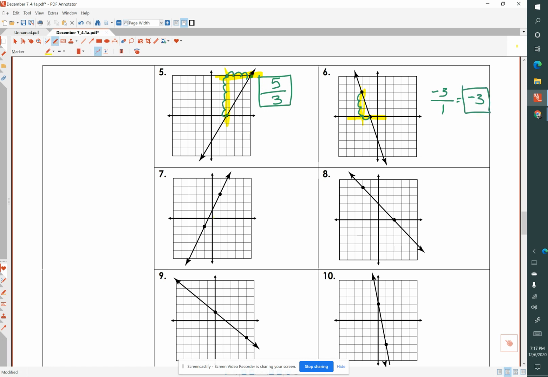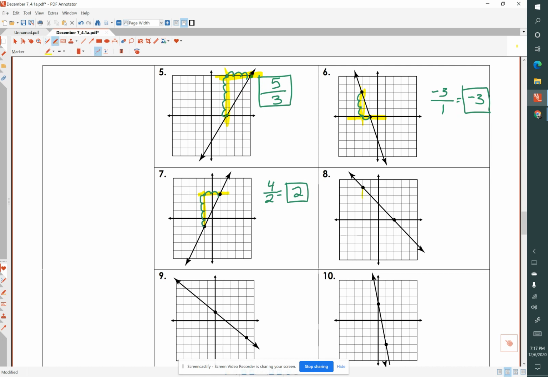Number 7. The rise is 1, 2, 3, 4. The run is 1, 2. 4 divided by 2 equals 2, so that line has a slope of 2.